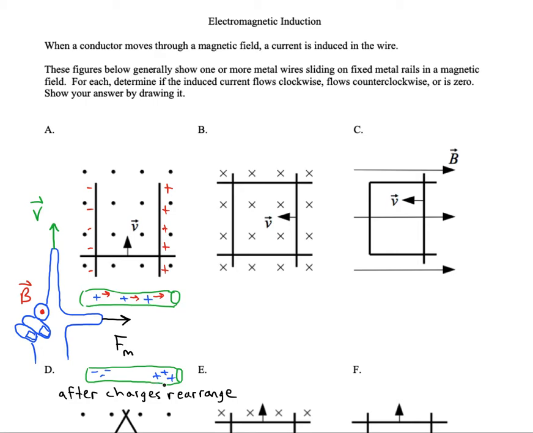The magnetic force on the positive particles will hold them on the right side, and it'll hold the negative particles on the left side. So there'll be an initial rearrangement.